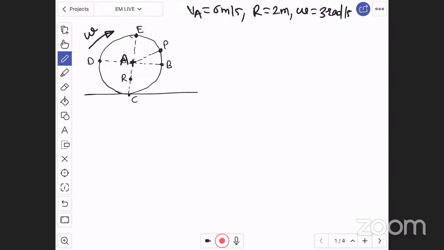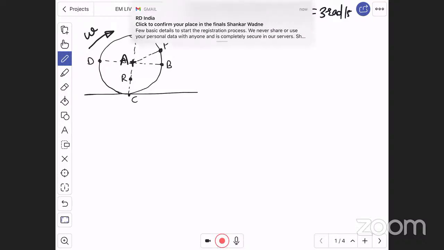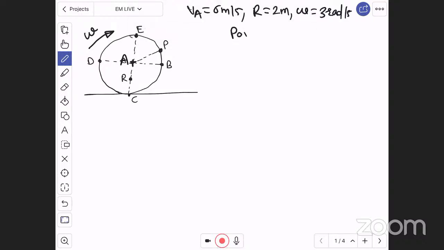Now first of all, we will calculate velocity of point B. Focus on point B. My dear students, can you imagine the distance between A to B, A to C, A to D, A to E, and A to P is the same?